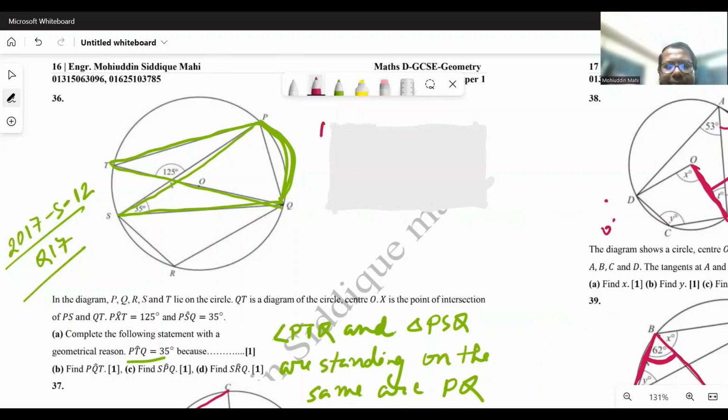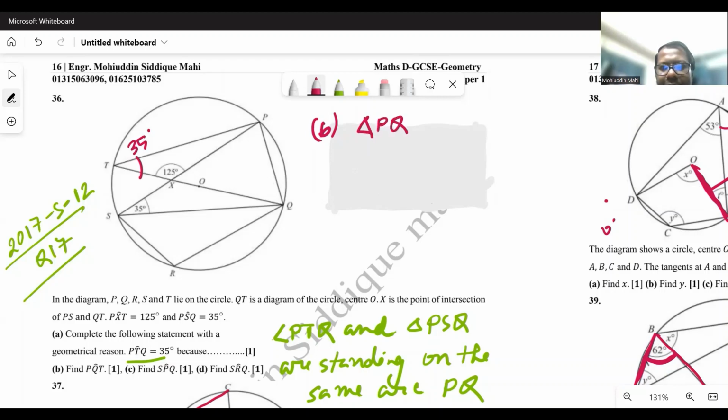Next question, B. In B, we have to find PQT. So this was 35. Now consider triangle PQT. A diameter will always make a 90-degree angle at the circumference.